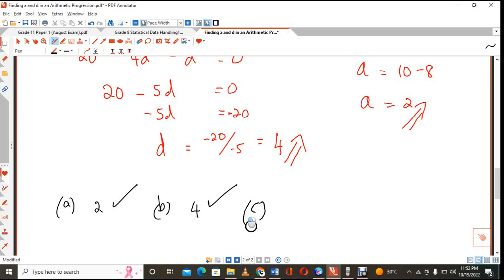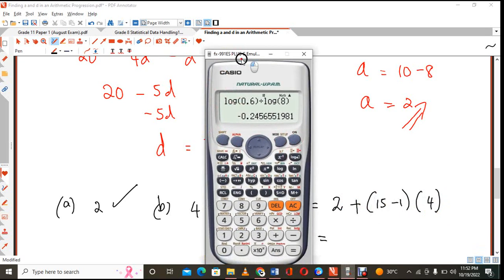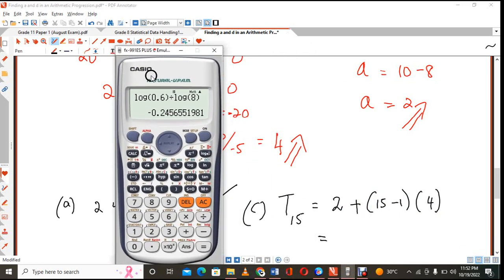Then for part C, they want you to find the 15th term. So for the 15th term, you're going to say the first term, which is 2, plus 15 minus 1 times the common difference of 4. And then you just punch that into your calculator to solve what the 15th term would be. So I'm going to say 14 times 4.